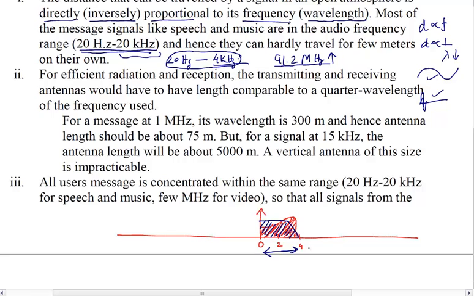So it will be as if you are not talking personally to a person on mobile, you are talking to a room full of people. And not only a room full of people, you are talking to a whole group of people. Generally, a mobile tower will support at a time maybe 15 people who are calling simultaneously.